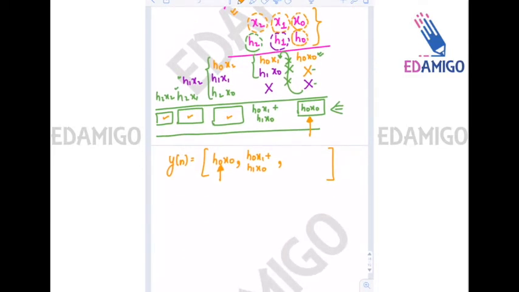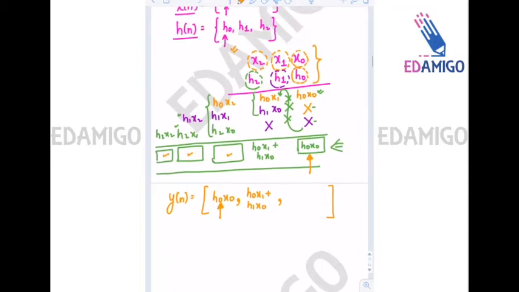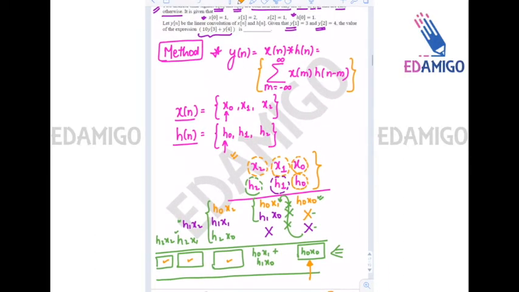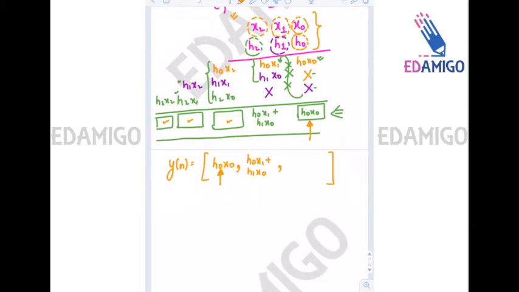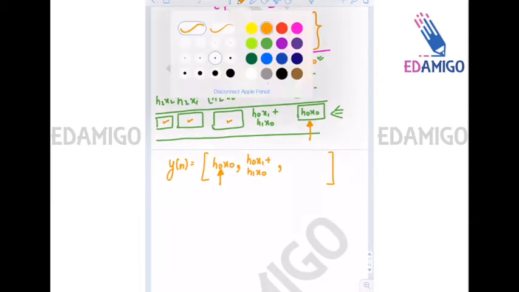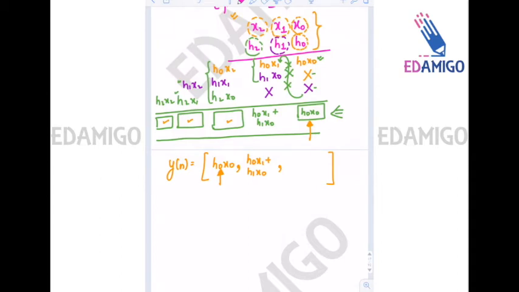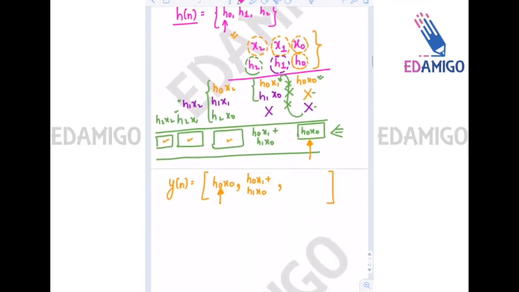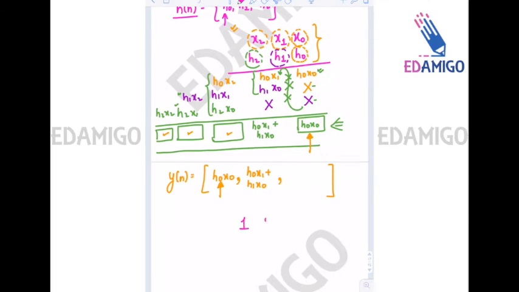Now as we know that the values of x0, x1 and x2 are given to us, that is 1, 2, 1, and h0 is also given to us. Let me write the values. 1, 2, 1, this is x0, x1 and x2. h0 is also given to us, that is 1.